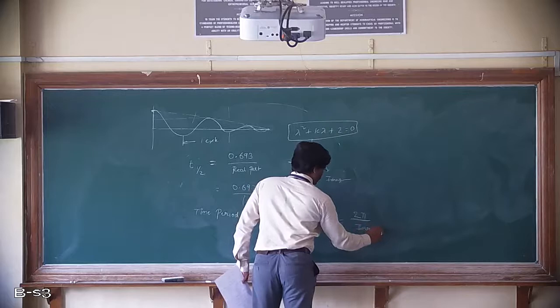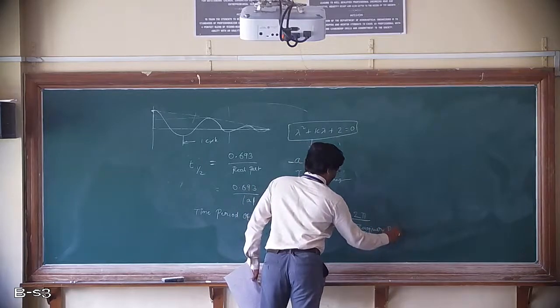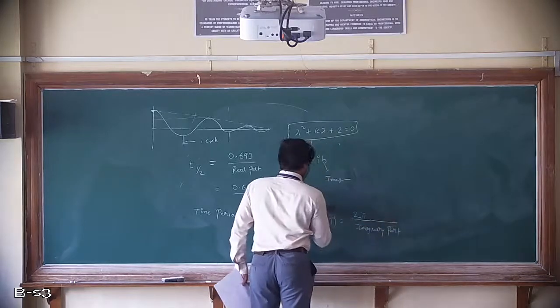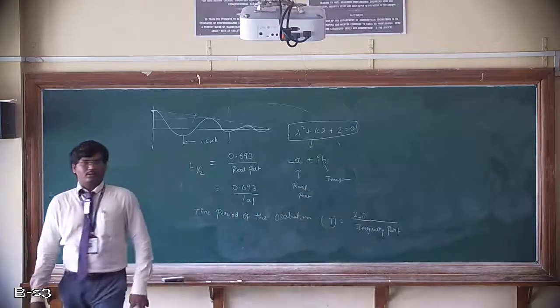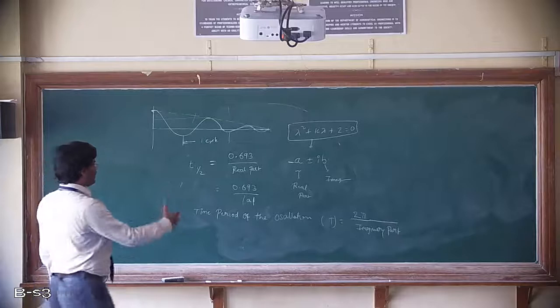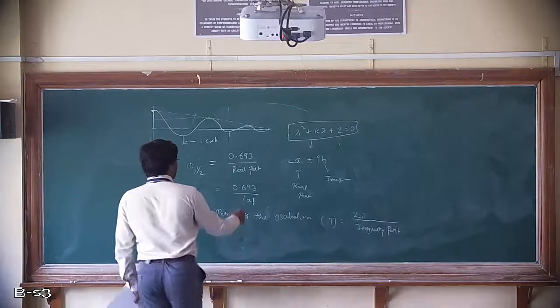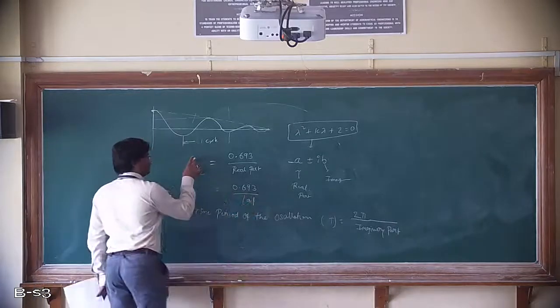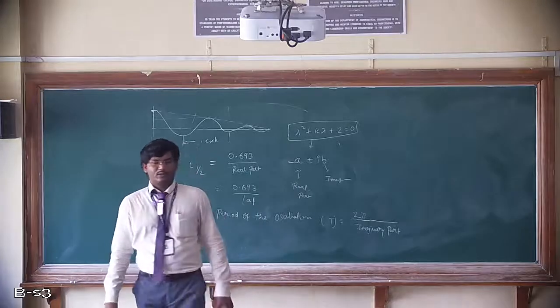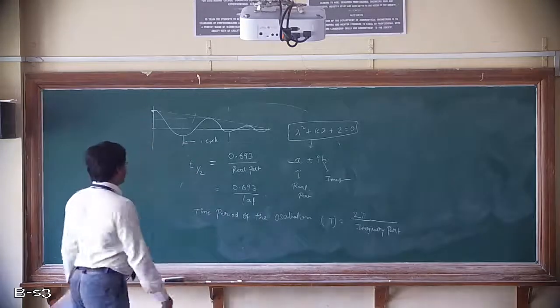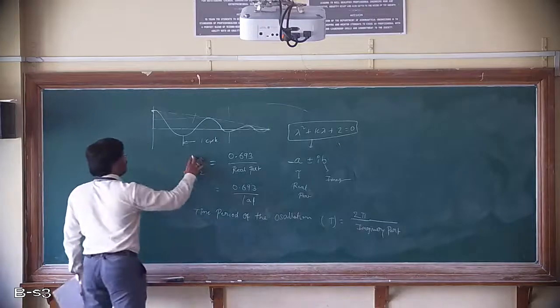So you can write the time period T is nothing but 2 pi by this imaginary part. Very, very important relations. Just note it down. 2 pi by the imaginary part.